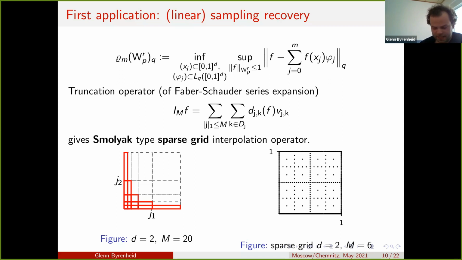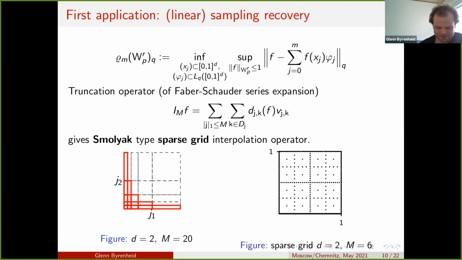That means for fixed m, if we look at the points which are used to approximate our function, these are points from such a sparse grid. And this truncation here in the picture, where the length describes the number of translates, ends up in such a quarter of a hyperbolic cross.